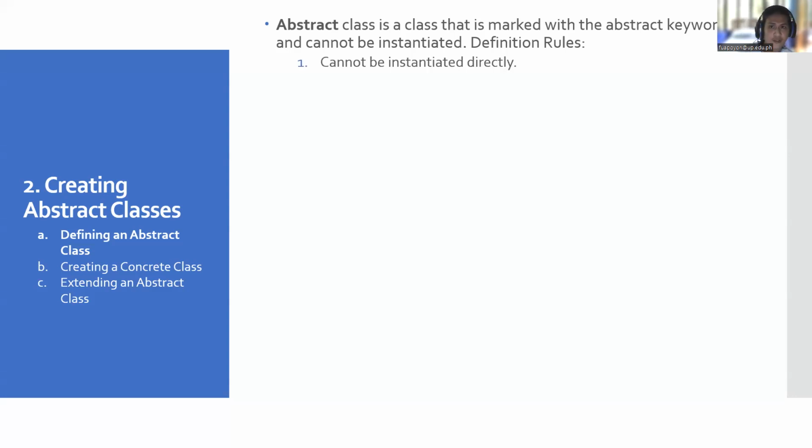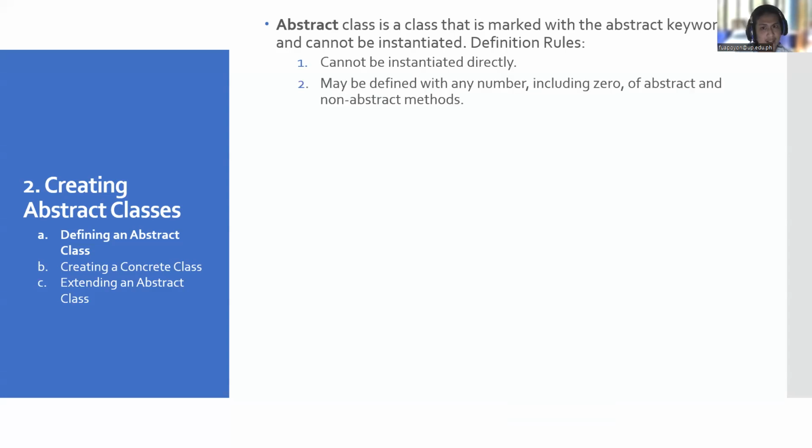There are rules with your abstract classes. This cannot be instantiated directly and may be defined with any number, including 0, of abstract and non-abstract methods. It may not be marked as private or final because you cannot inherit things from a private class. And final classes, as opposed to abstract classes, cannot be overridden. You cannot make a subclass of a final class.